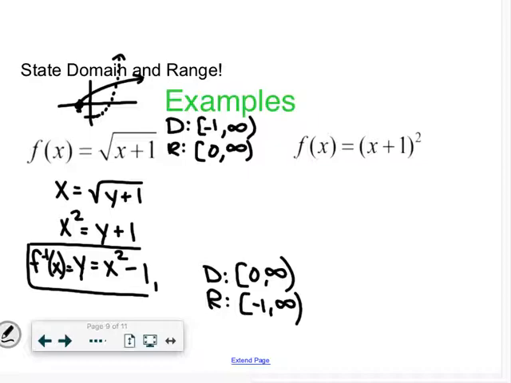So then I look to the domain. Since the domain starts at 0, then I would say for all x's greater than or equal to 0. So it's a little thing, but it's important. You guys should know to keep an eye out for that anytime you take a square root and you turn it into a quadratic, you're going to have to restrict your domain.